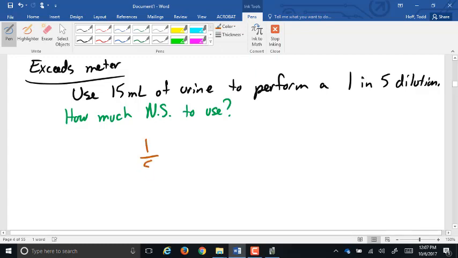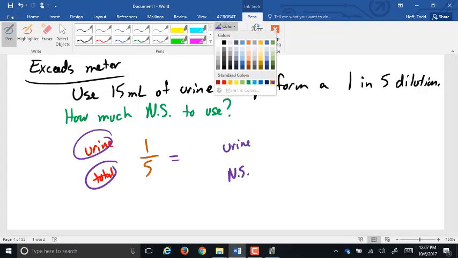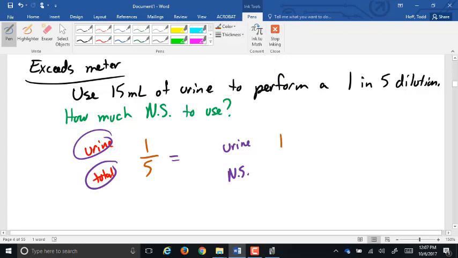So a 1 in 5 dilution, remember, when I do dilutions, I always label them because it helps me keep thinking in the right direction. 1 is the serum, in this case the urine, and the 5 is the total solution. We know the amount of urine, but we're not looking for the total solution. So we're going to keep the urine. What we're looking for is the saline. So that ratio, still 1 part urine.